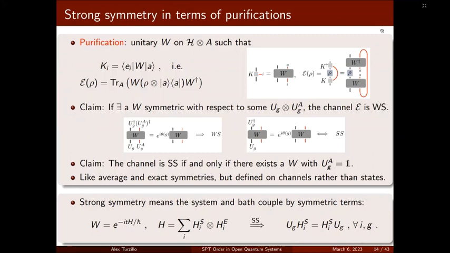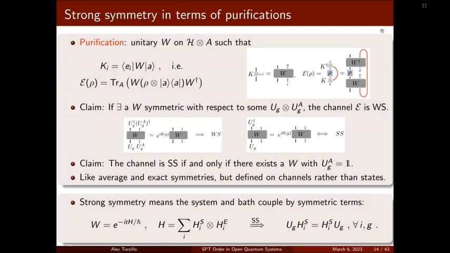In terms of the purification, weak symmetry means that the purification is symmetric under some symmetry action on the system and some other symmetry action on the ancillas. Strong symmetry is that, but we require that the symmetry action on the ancillas is trivial.